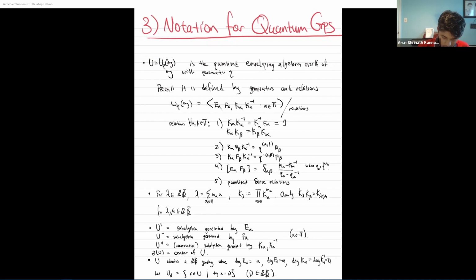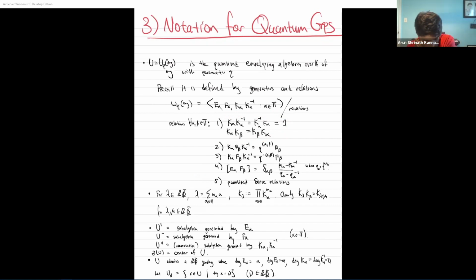It has these E alpha, F alpha, K alpha, and K alpha inverse, where alpha is simple. And then the relations are that these K alphas form a commutative subalgebra. Conjugation by K alpha introduces a factor of q, and then a commutation relation on the E alphas and F betas. And then finally, the quantized Serre relations.